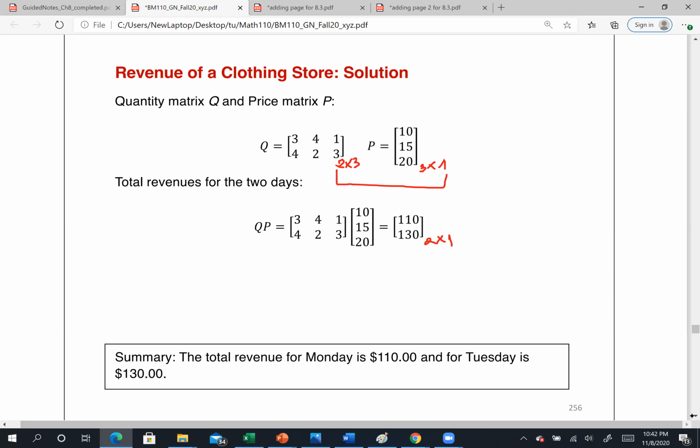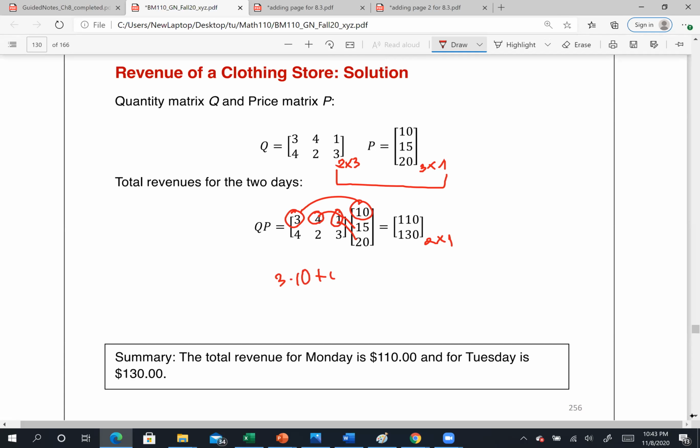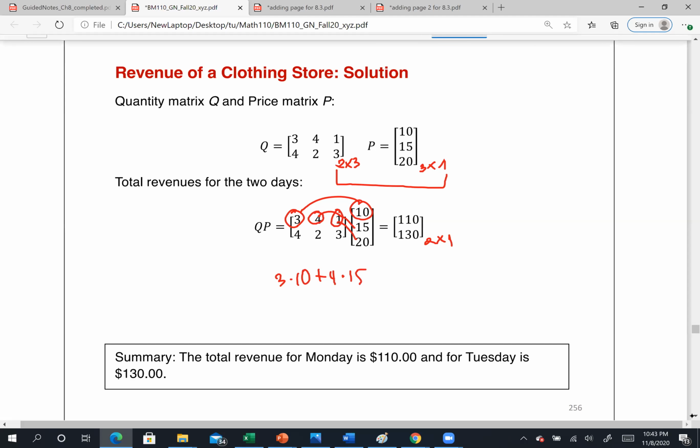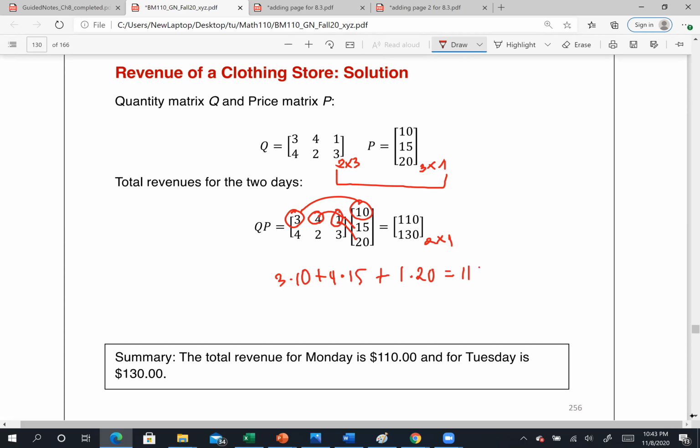Okay, and you see 3 times 10 adding with 4 times 15 and adding with 1 times 20 is going to be 110. So 3 times 10 plus 4 times 15 plus 1 times 20 which will be 110. This guy. Okay.